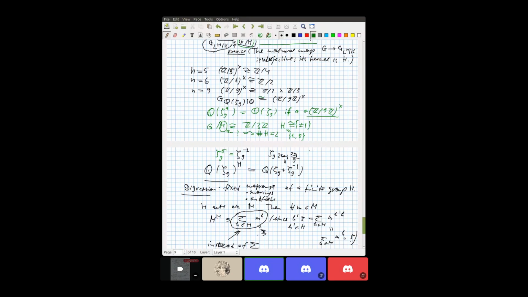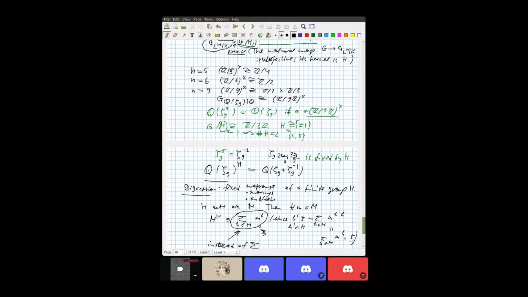So of course this is fixed by H. But then it is sufficient to conclude that this is an equality, because there are no other elements which are not in the subfield generated by this cosine.